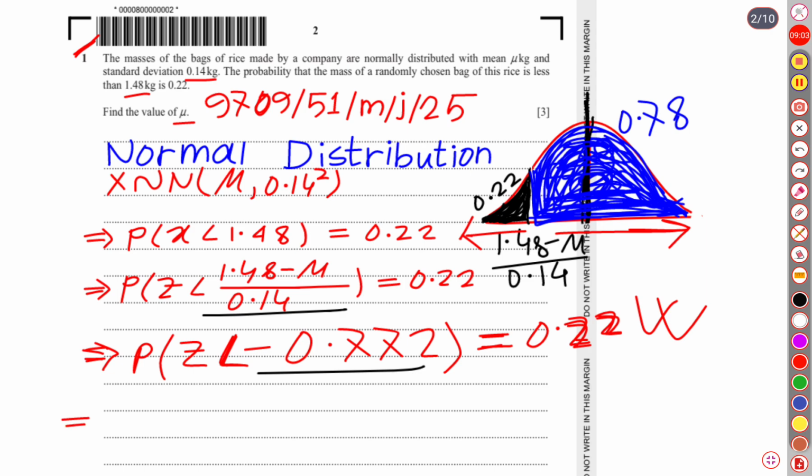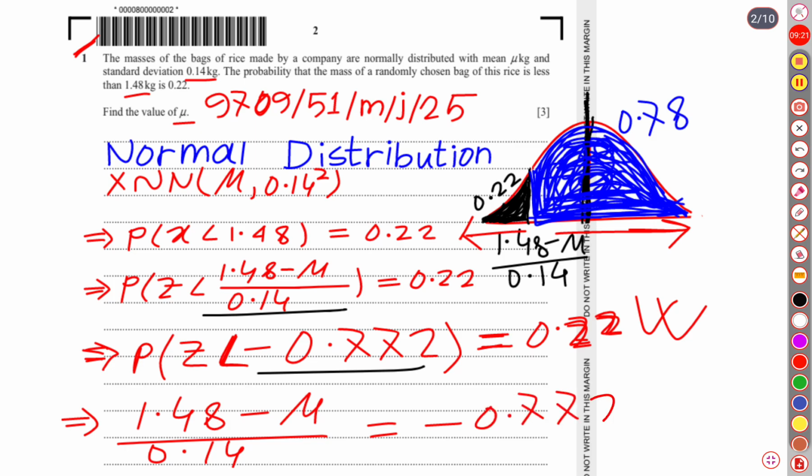Let us equate the z score. It is going to be 1.48 minus mu over 0.14 equal to negative 0.772.